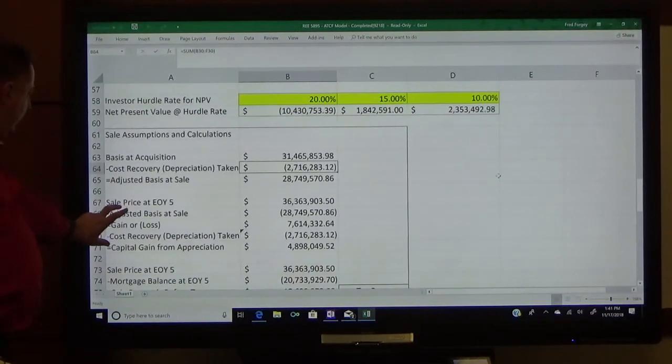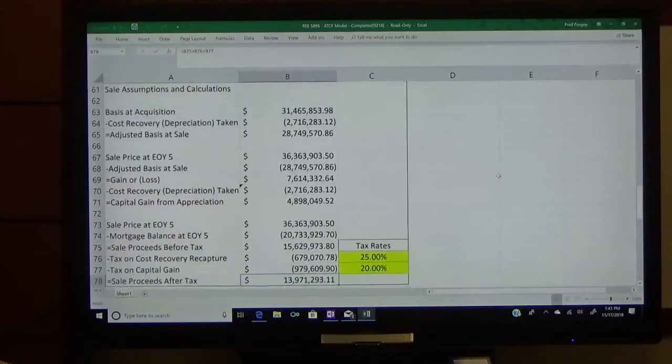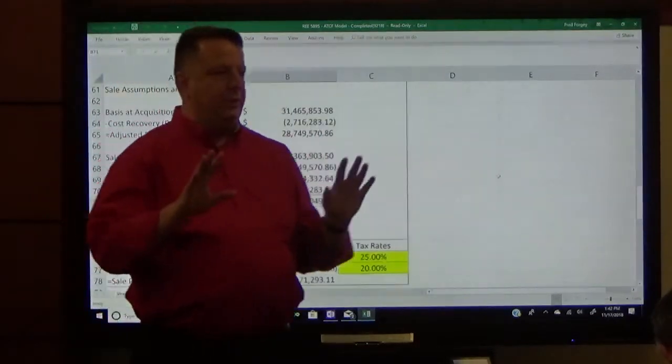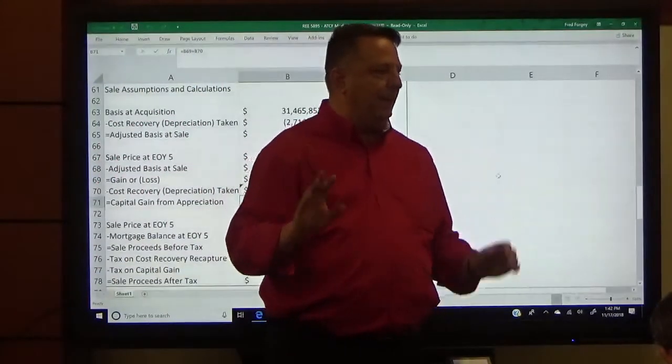Okay? Then we do another little subroutine. And this one is to calculate what we call our capital gain. Okay? Before you look at this, let's just make sure that you understand the simple concept of a capital gain.